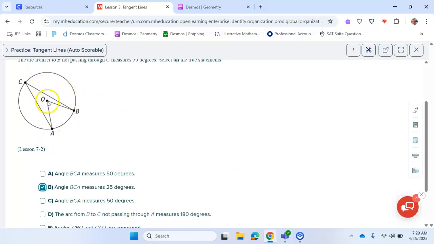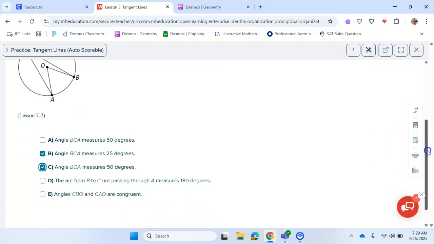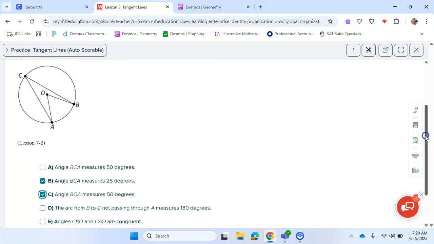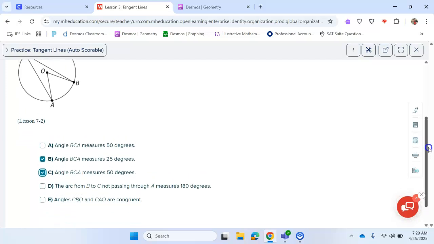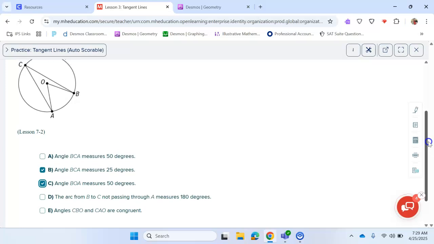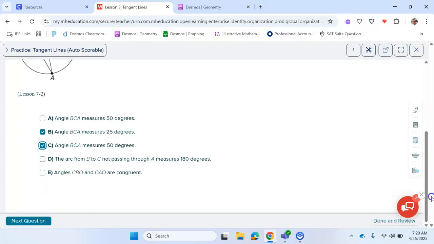BOA is the central angle with its vertex at the center, and it does measure 50 degrees. The arc from B to C passing through A measures 180 degrees. If you start at B and measure the arc all the way to C, it looks like 180 degrees, but that chord does not go through the center, point O, so it is not 180 degrees. Angle CBO and CAO are congruent. Well, they don't share the same endpoints, so that's not true.